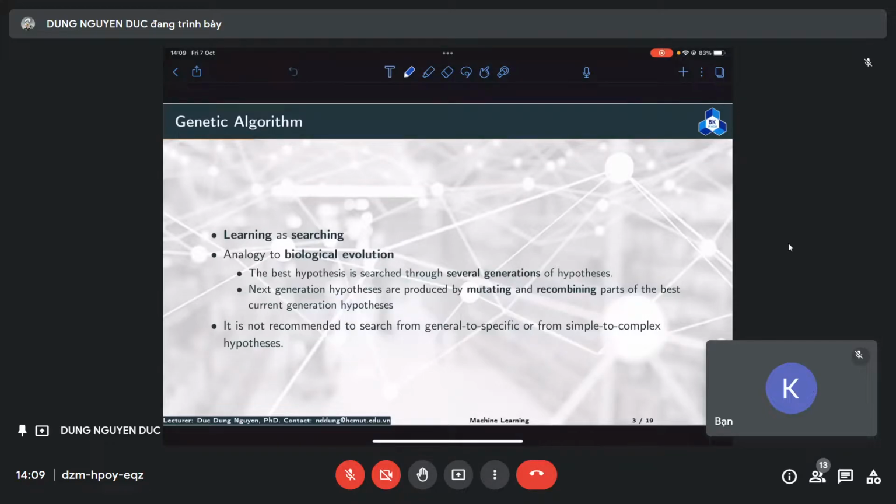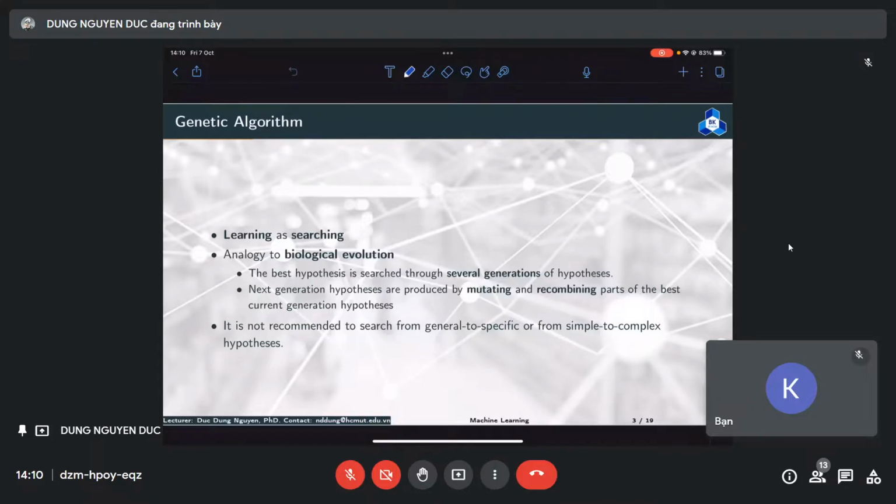So it looks like we are doing some sort of searching in a space. Speaking of the space, you may know that if the number of parameters increases, then the space you are searching will be a lot bigger. For example, if you have one parameter, and that parameter can take 10 values, right?